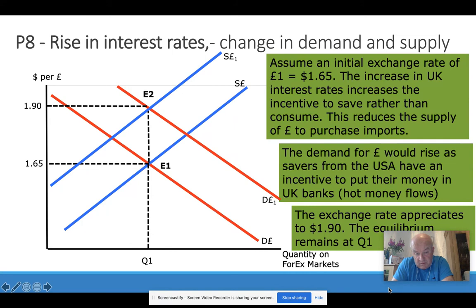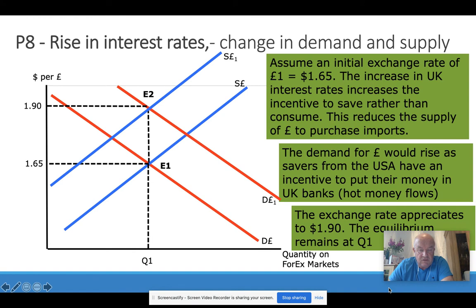So we've got a greater demand for pounds, but also the supply of pounds has been significantly reduced by the fact that we've got this greater incentive to save as opposed to spend.